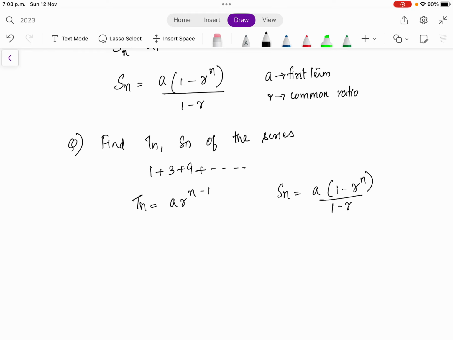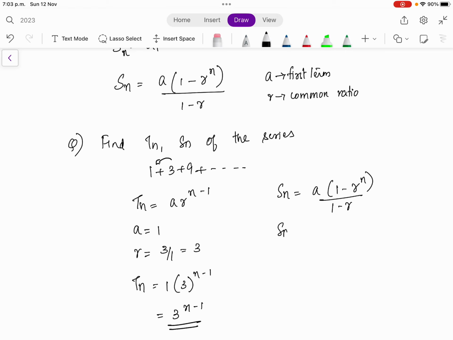So a is the first term, a is equal to 1, and r is found by dividing any two terms, which is 3 over 1, equal to 3. So Tn is equal to 1 into 3 to the power of n minus 1, that is equal to 3 to the power of n minus 1.